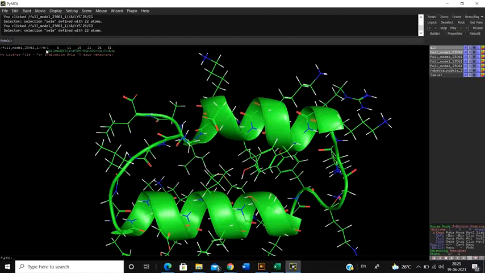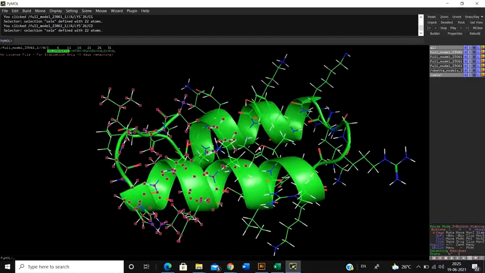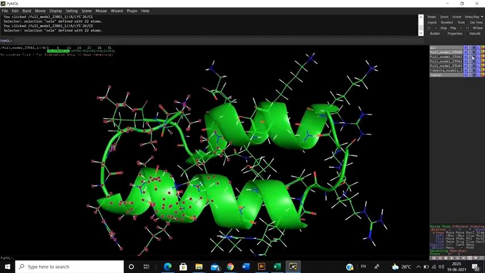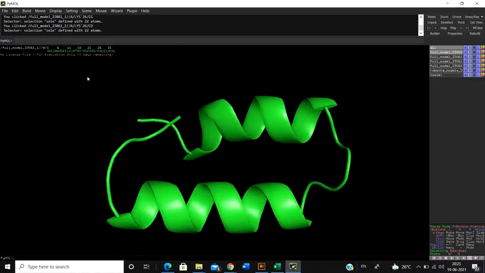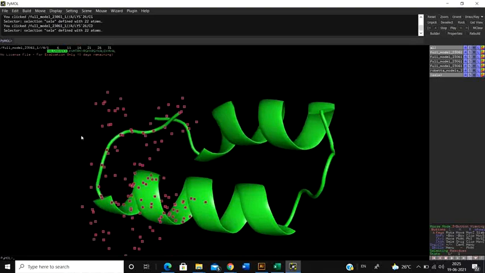So see, the amino acid that I select, that particular portion gets highlighted. Suppose I need to see only this particular stretch. Let me hide all the lines. Suppose I need to study only this portion; the rest of the portions are not of interest to me, because this particular portion is the one making an interaction with the ligand. So how do I see only this portion?